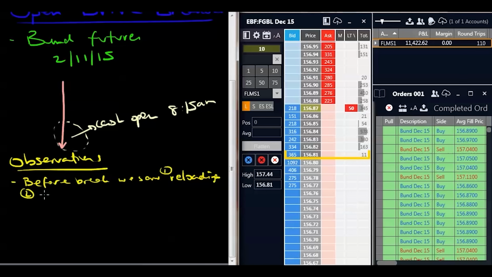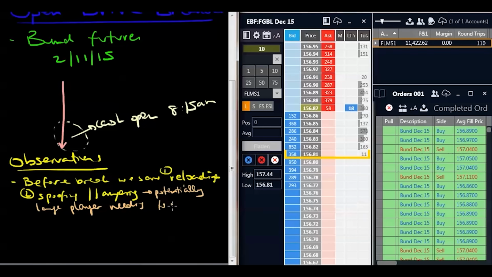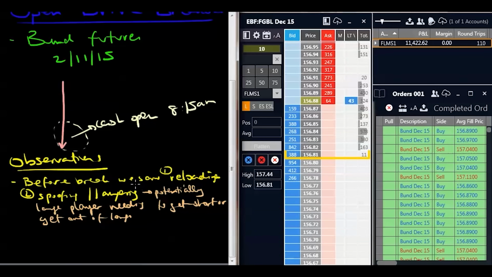Then we also saw spoofing/layering. And really, this was your indication that potentially the large player needing to get short, either get short or get out of longs. So he's basically showing you his hand there.